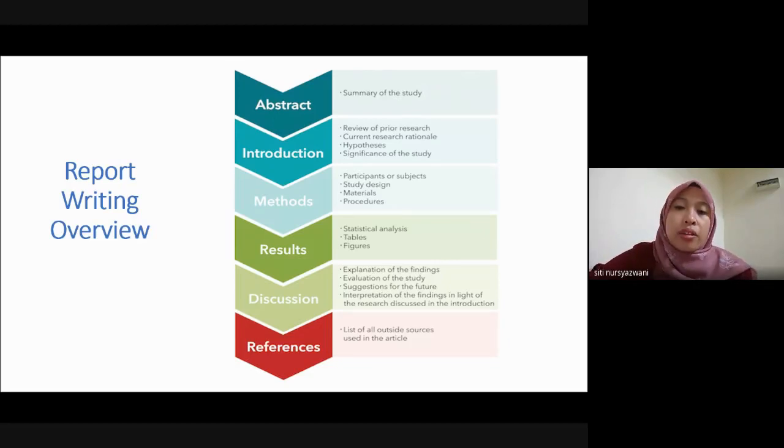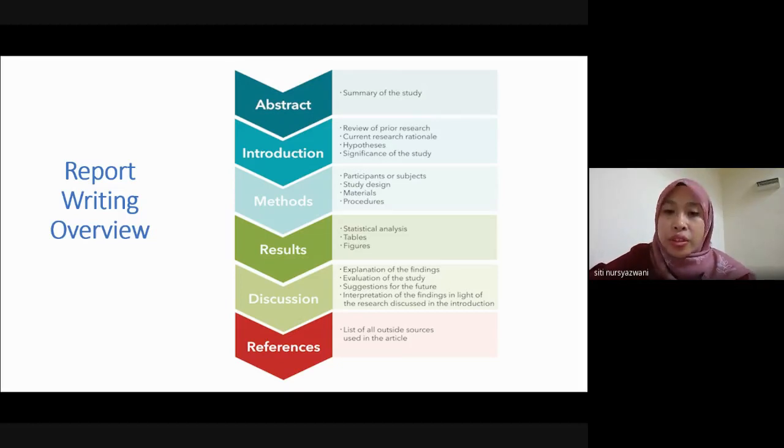So abstract, I give you a very brief. What is abstract? Abstract is actually your summary or synopsis of your research study. Introduction, you punya review of prior research, current research, your hypothesis, and must also include your significance of study. Then method includes the materials and procedure. Results: you must include your data in terms of tables, figures, and also statistical analysis.